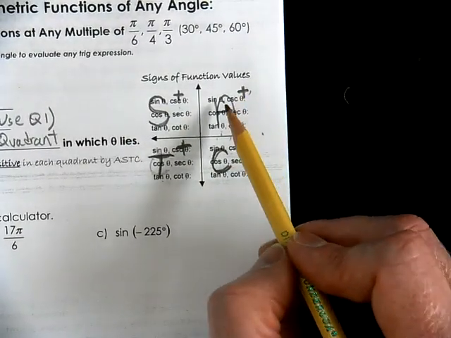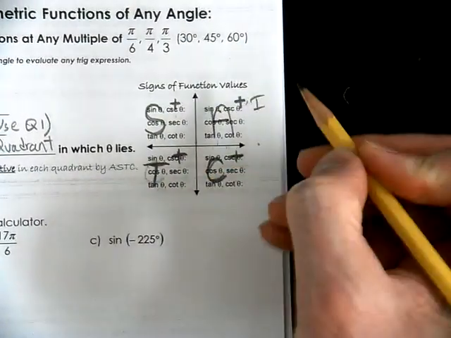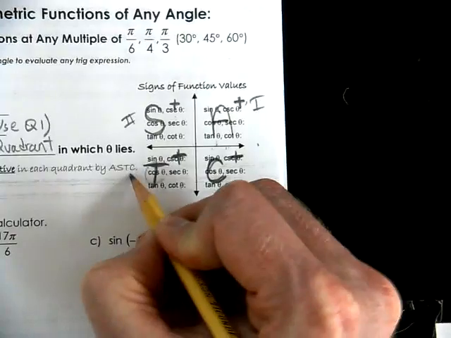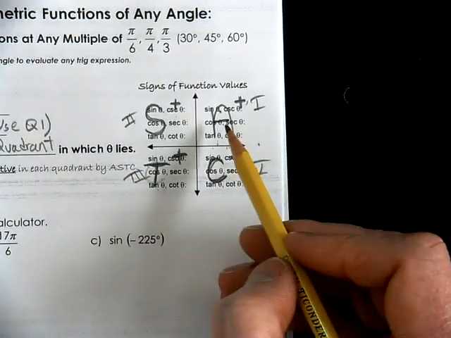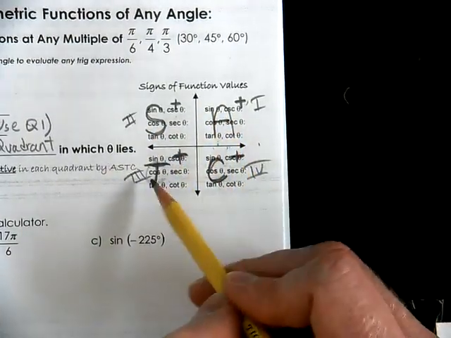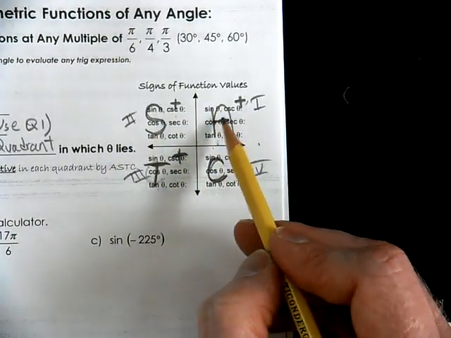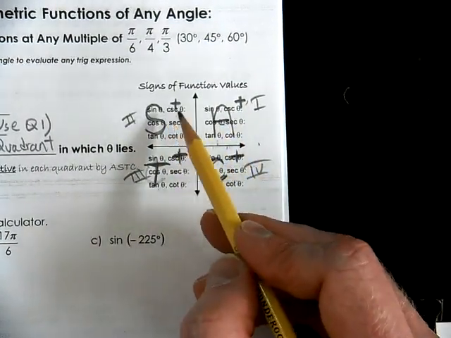Now there's different ways we can remember this. Going in order from quadrant 1 to quadrant 2, quadrant 3 to quadrant 4. One phrase is All Students Take Calculus. All Students Take Calculus will help you remember A stands for all, and all of them are positive.